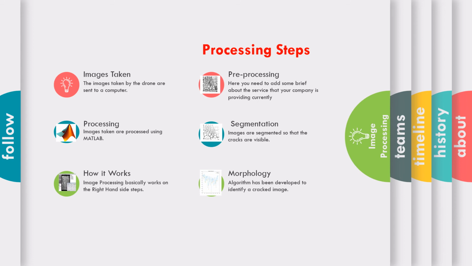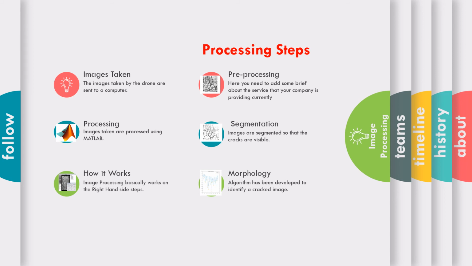In the first step, we will pre-process the image. Then we will segment the image, in which we will remove the unwanted part of the image. Finally, we will perform some morphological operations which will tell us whether our images contain cracks or not.